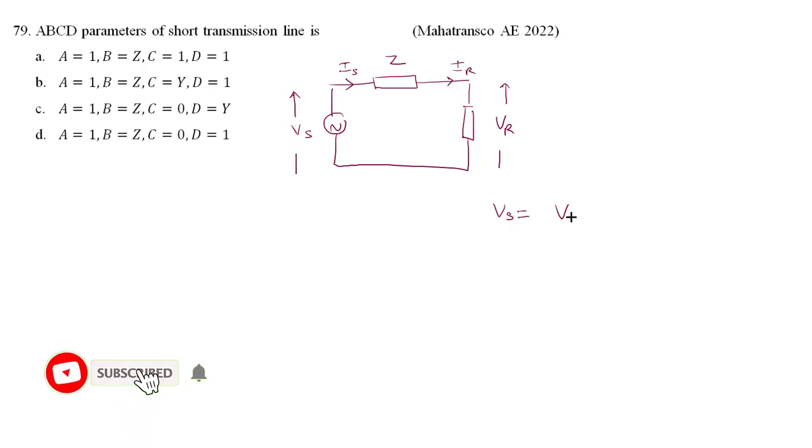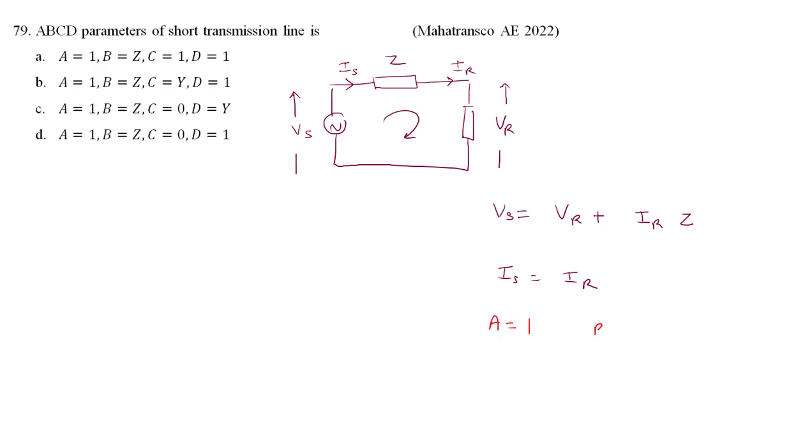Vs is equal to VR plus IR into Z if you apply KVL here, and Is is equal to IR because there is no shunt path here. So if you compare, A is equal to 1, B is equal to Z, C is equal to 0 because there is no term of VR, and D is equal to 1. So 1, Z, 0, 1 will be the correct answer. Correct answer will be option D.